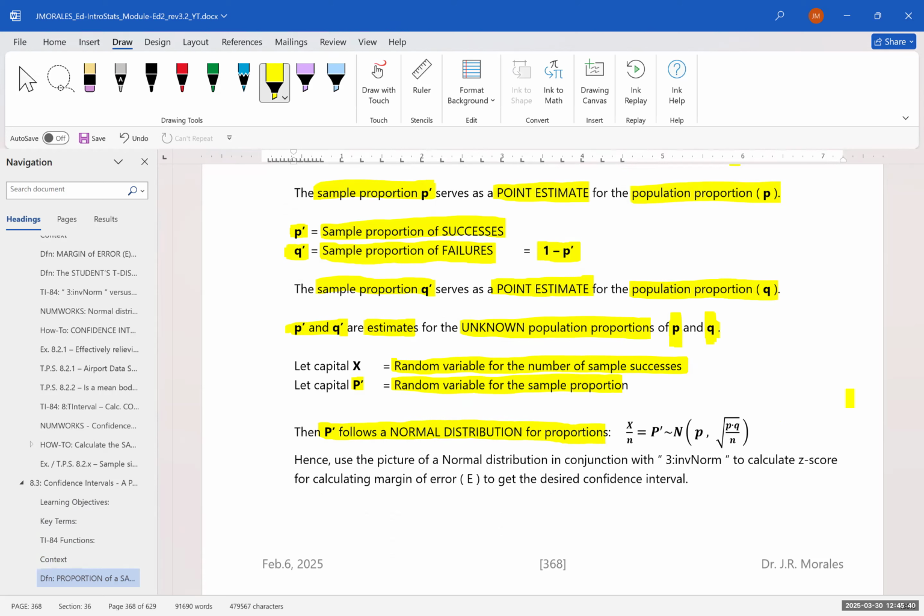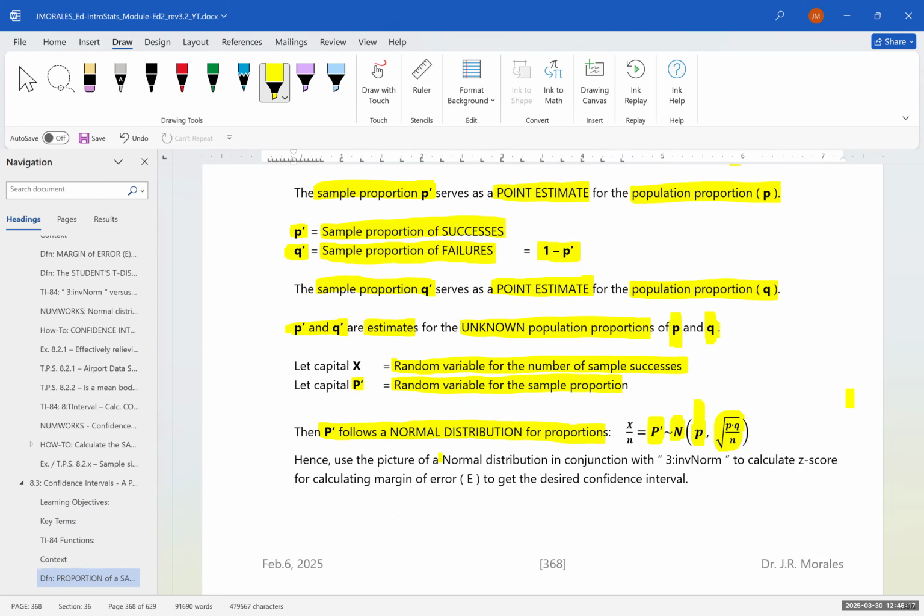So the distribution of the proportion of successes is normally distributed with a mean, I want to say, of P, the population proportion, and a standard deviation of the square root of the population proportion of successes times the population proportion of failures divided by n, the square root of all that.